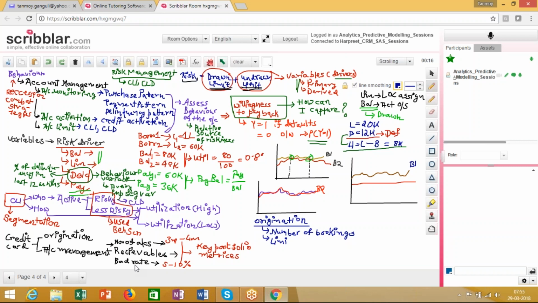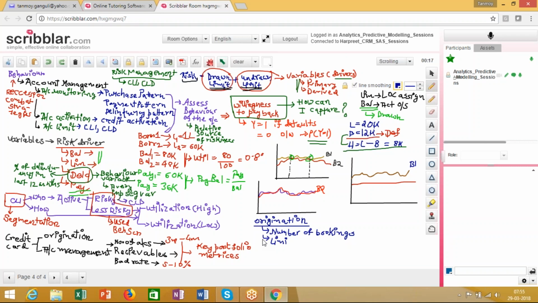So the portfolio matrices for this month will be 150, the cumulative number of accounts, whereas origination matrices will give me the number of accounts which have been acquired on the books of the bank as on that month. So this is the origination portfolio.